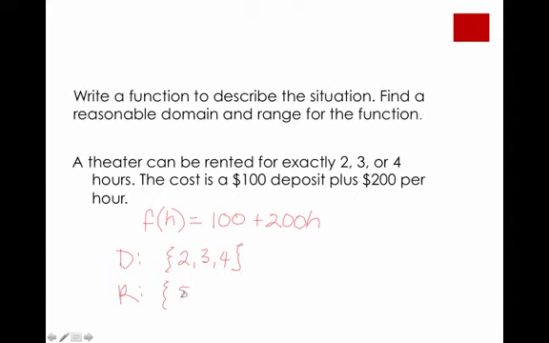I suppose I should put a dollar sign. I can put my 3 in. That's $600 for the hours plus the $100 deposit, or $700. And then finally, for 4 hours, that's going to cost me $900. So my range is 500, 700, and 900 given these limited domain values.